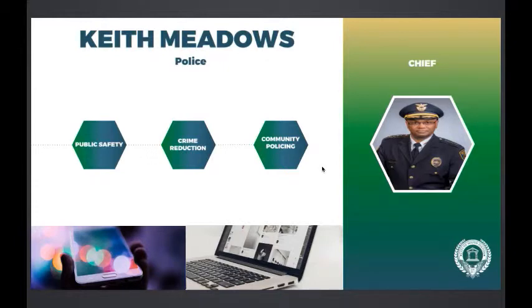Also looking at reducing crime throughout the city of South Fulton, incorporating necessary technology, making sure that we have the necessary manpower on the streets, and being thoughtful in how we go about investigating crimes. And also engaging in community policing. Our chief is really big on engaging communities, associations, and community-based organizations to make sure that not only are we providing those public safety services, but educating them as well on how they can better protect themselves as well as their property under his leadership.